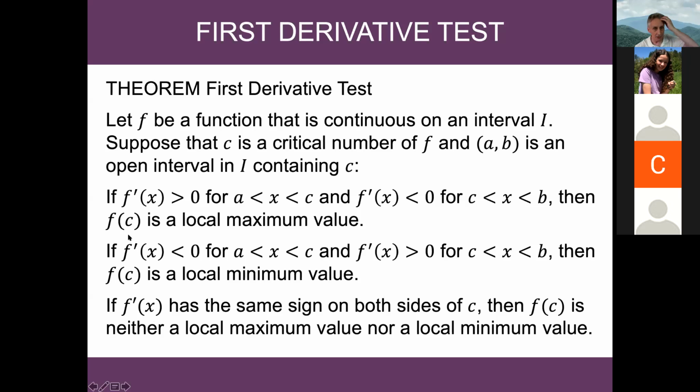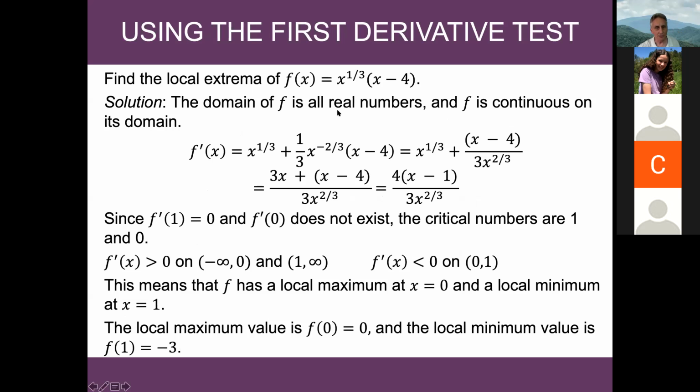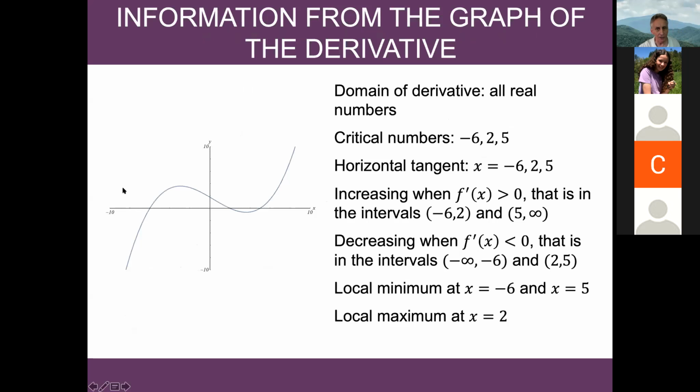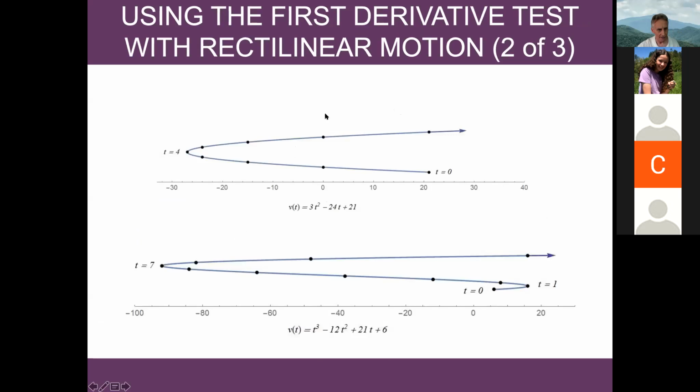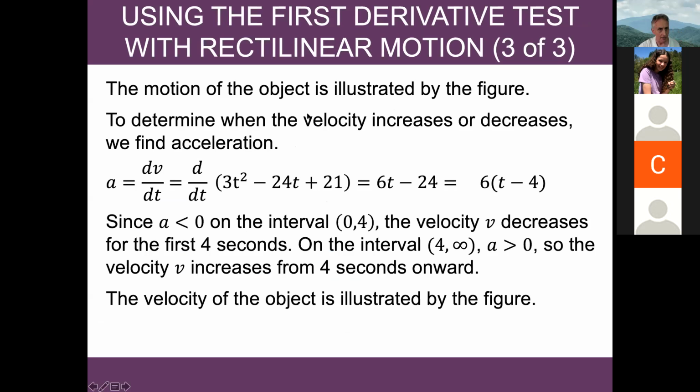Okay, let's go to this. So I want to go to, this one's a little more complicated. I want to go to this situation right here, okay? So look at this. We've got information from the graph of the derivative. No, I tell you what, that's not what I want to do. Let's go on. Okay, so rectilinear motion, that's something we're not talking about right now either.